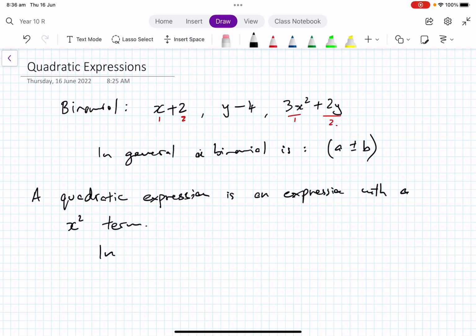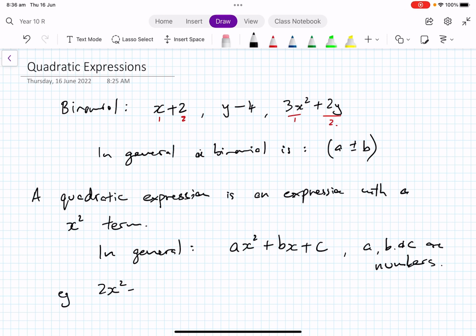In general, we say something like this: ax squared plus bx plus c, where a, b, and c are numbers. For example, 2x squared plus 3x plus 1 is a quadratic expression.